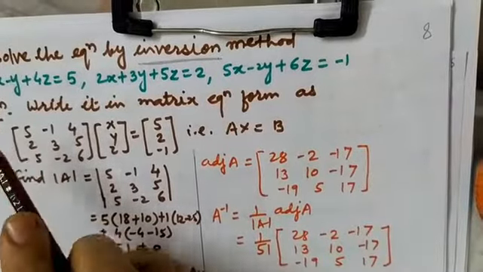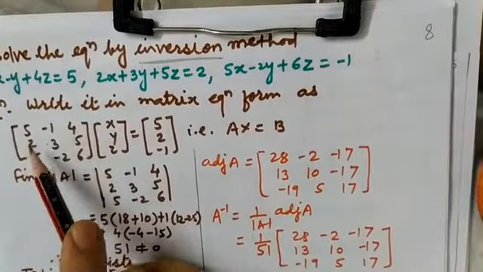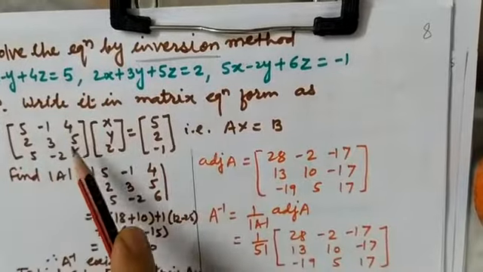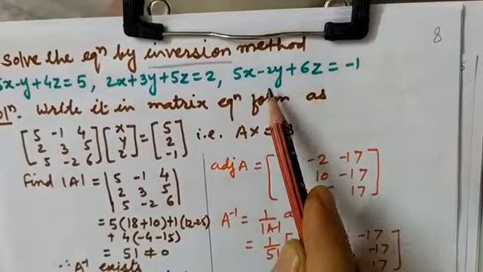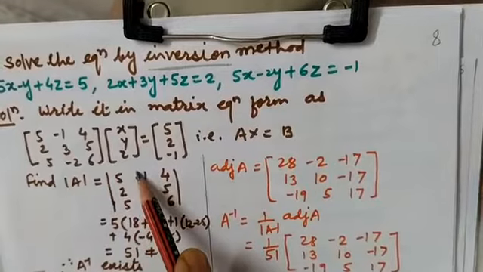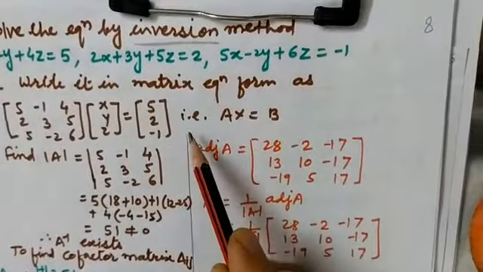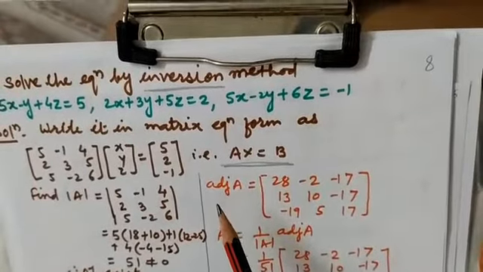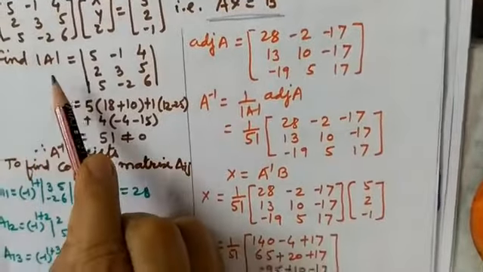The coefficient matrix is [5 -1 4; 2 3 5; 5 -2 6], multiplied by [x y z], equal to the constant matrix [5; 2; -1]. This is written in the form Ax equal to B. The next step for the solution is to find the determinant of A.